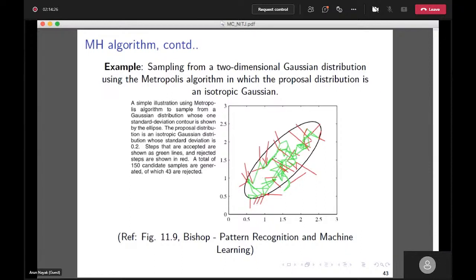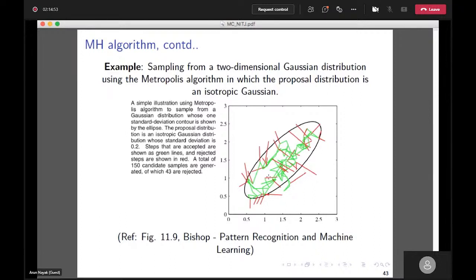As it moves, the points which are accepted are given by this green line, and many times whenever it moves out of these lines, those are rejected. So the red ones are the ones where the proposal is rejected, and the green ones are the ones where the proposal is accepted.